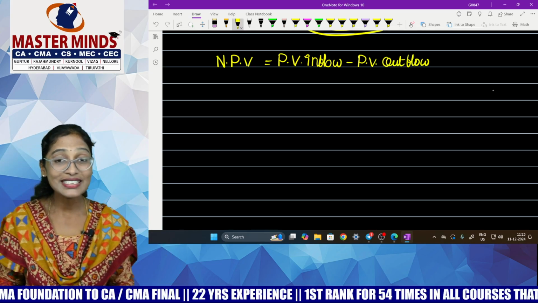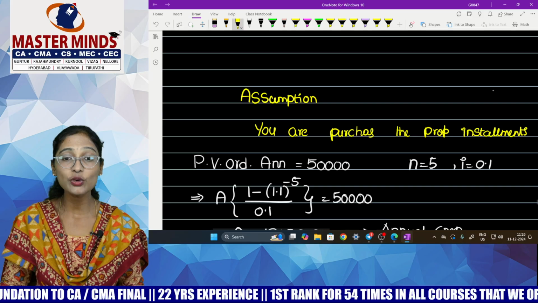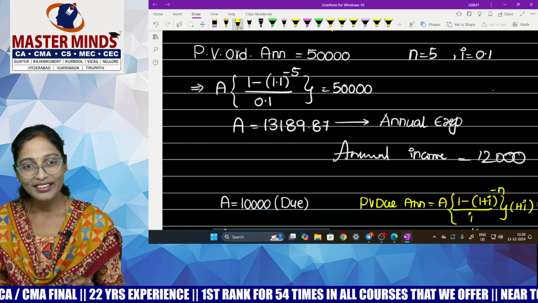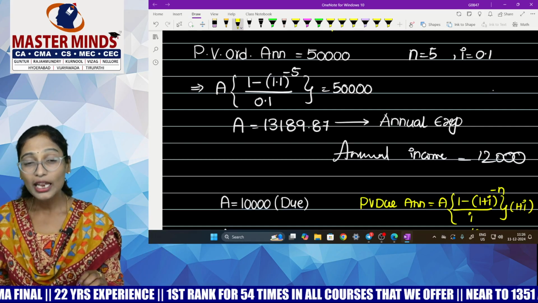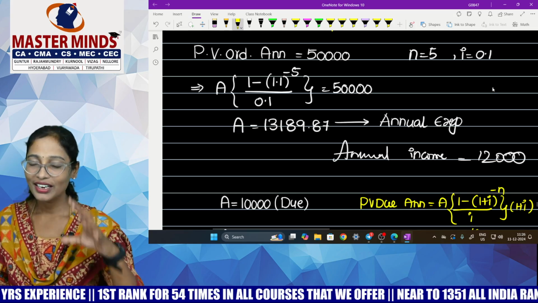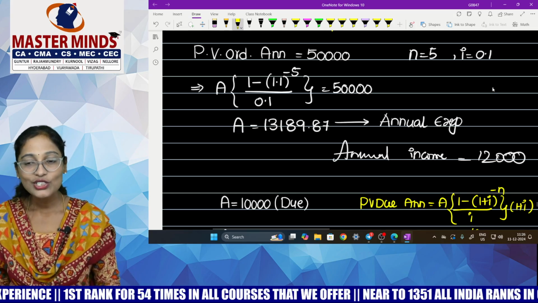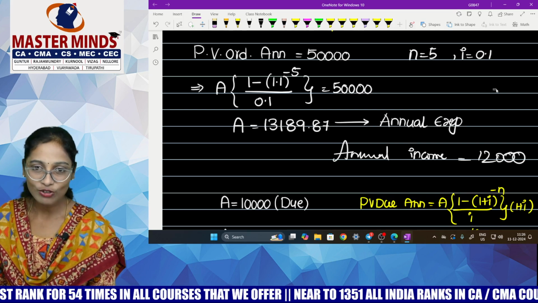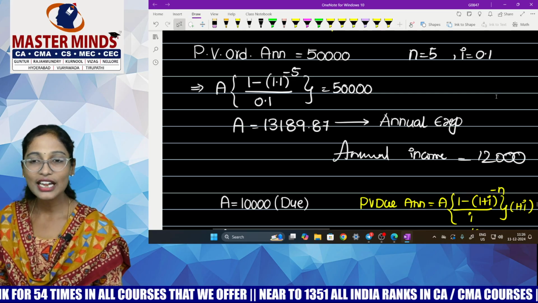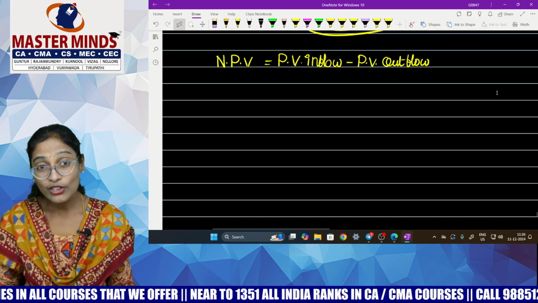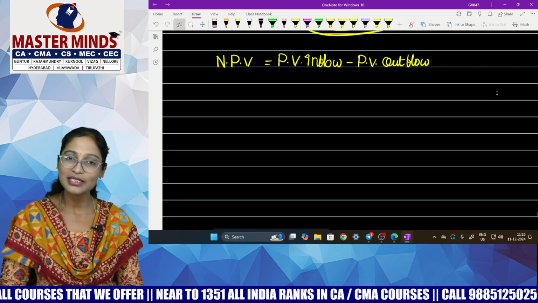Just now we discussed a machine, whether the machine should be purchased or not. What is the annual expenditure? 13,189. Tell me, is this 13,189 your inflow or outflow? Definitely outflow. So what is your annual inflow? 12,000. Inflow minus outflow came out negative, that's why you considered that this is not working out. Unknowingly you already use this concept of net present value.